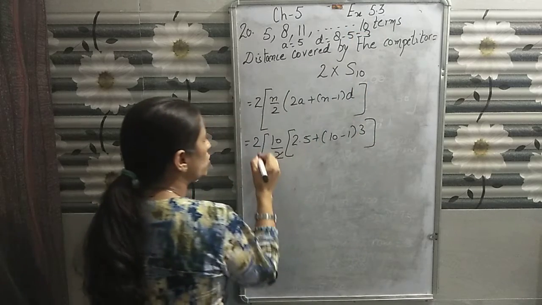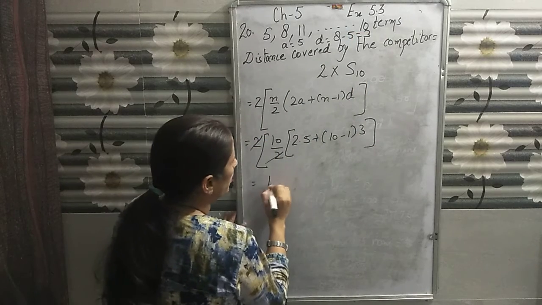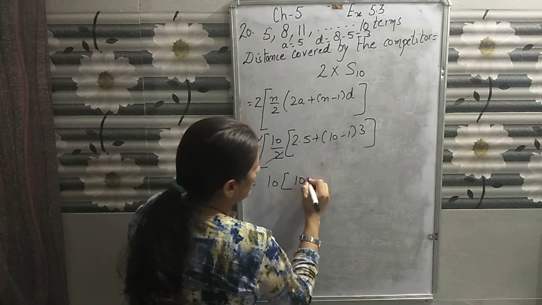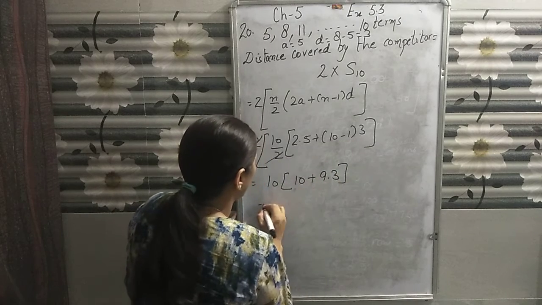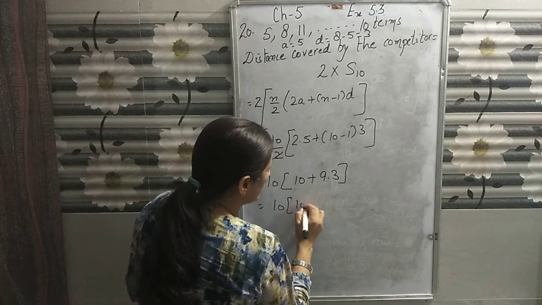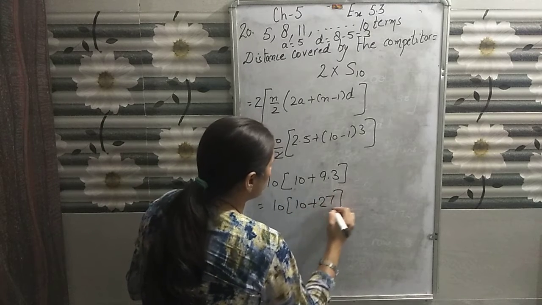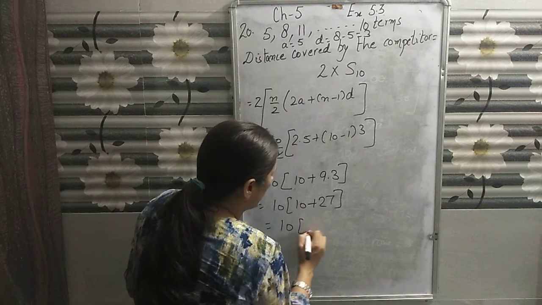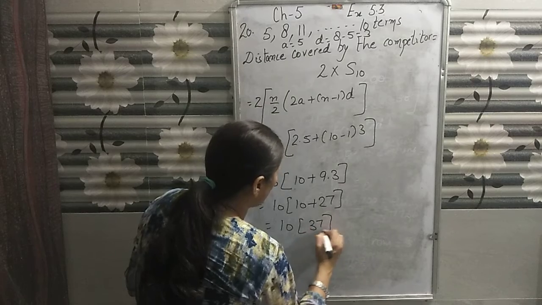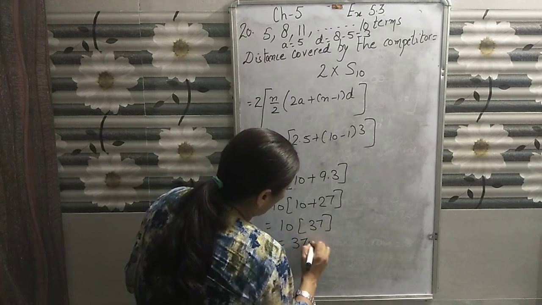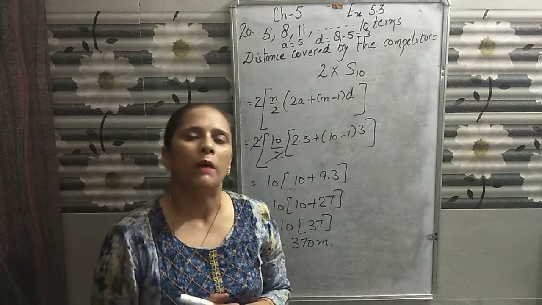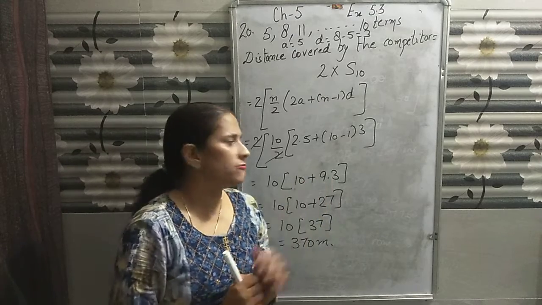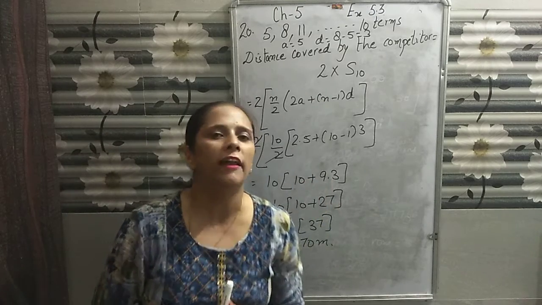Now this 2 will cancel with this 2. You are having 10, 2 fives are 10, plus 10 minus 1, 9 into 3 is 27. So 10 plus 27 is 37. So 37 into 10, 370 meters is your answer. So by this, our exercise is finished, and thank you and have a nice day.